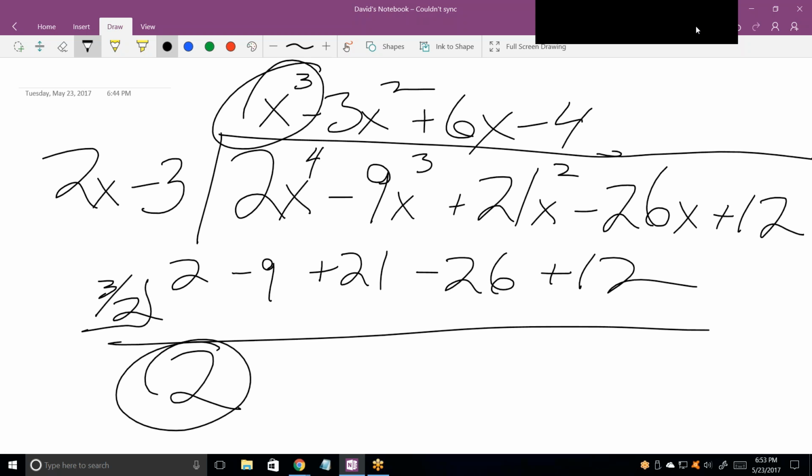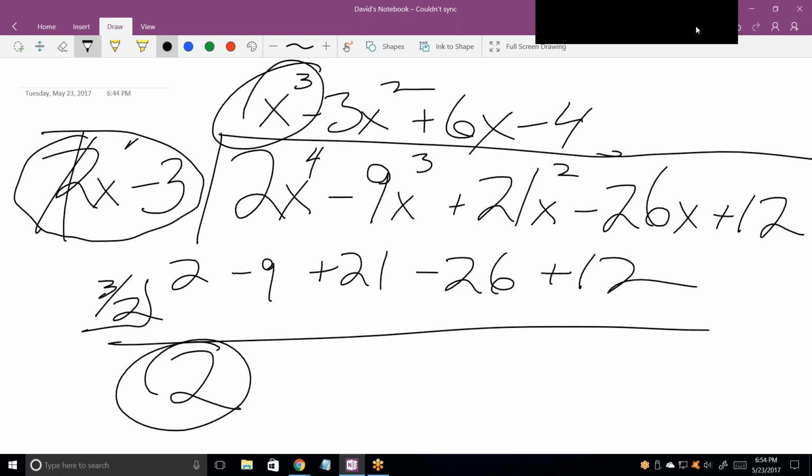So you cannot use synthetic division in this manner, where there's a coefficient in front of the x. If it was just x minus 3, then you could. You could put 3 in the box, and synthetic division would produce the same answer as long division did.